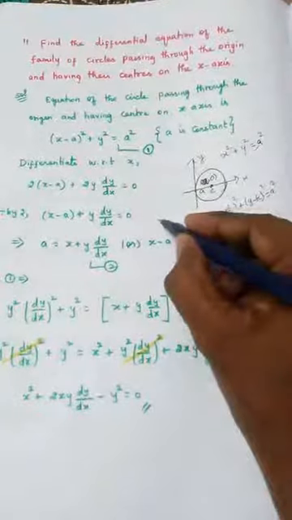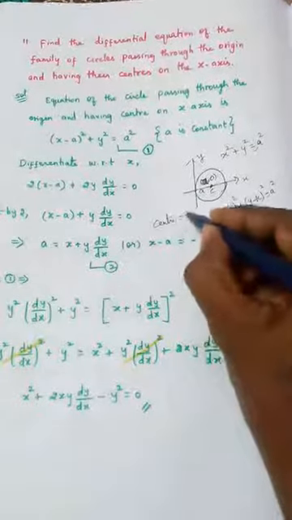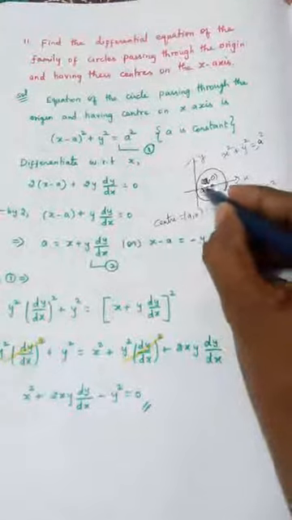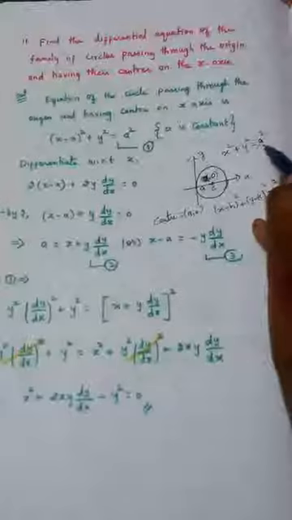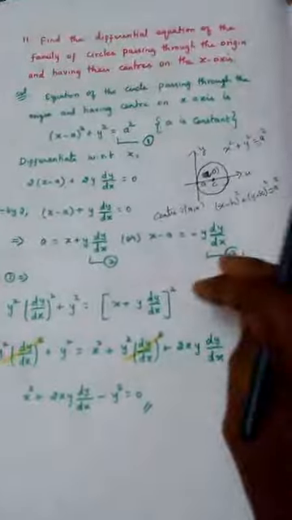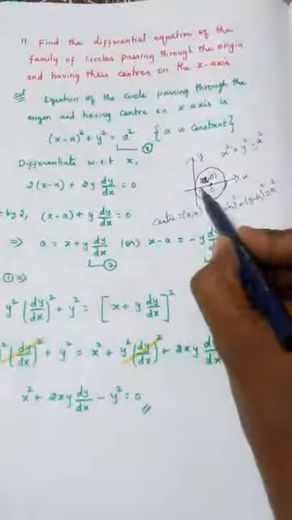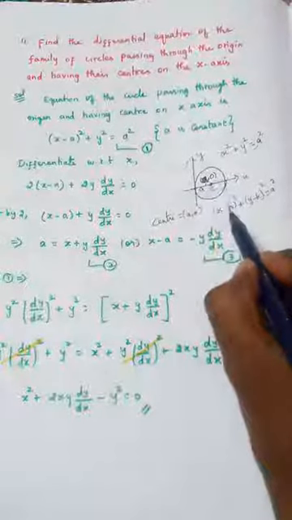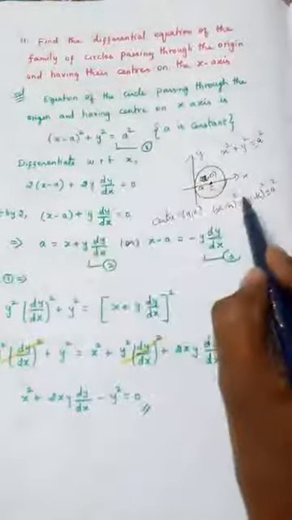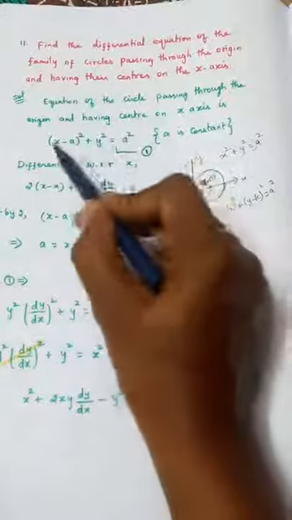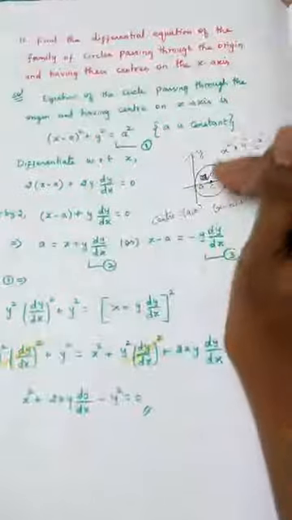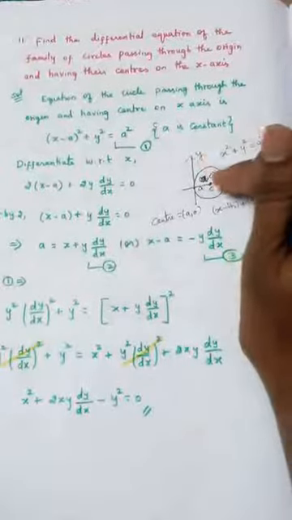So the center can be written as a comma 0, where a is the radius of the circle. So h value is equal to a and the k value definitely will be 0. In place of k, if I put 0, this equation will come. So this is the equation of a circle which passes through the origin with its center on the x-axis.